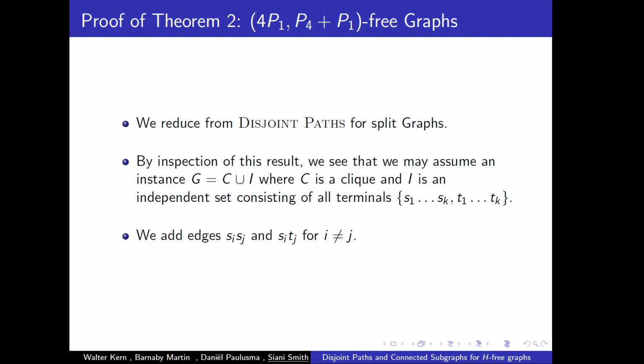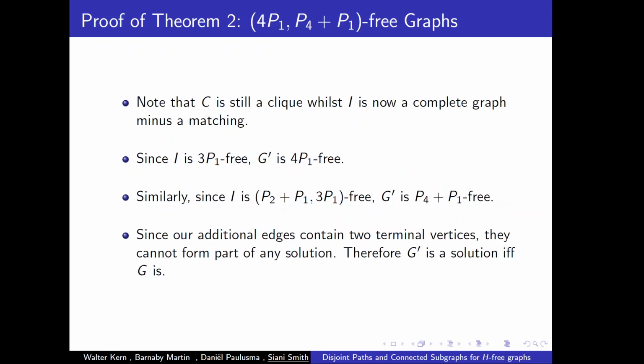So what we do is add edges s_i t_j and s_i s_j for each i not equal to j, so that the clique remains a clique, but what was the independent set is now a complete graph minus a matching. In other words, it's 3P1, 2P1 + P2 free. So this tells us that our new graph is 4P1, P4 + P1 free.